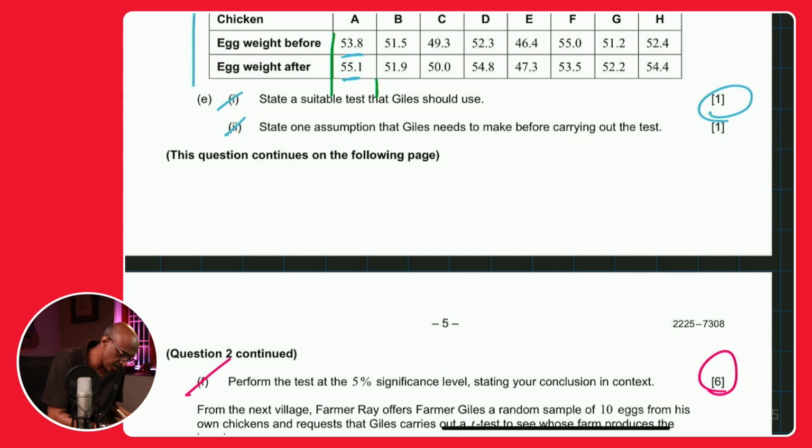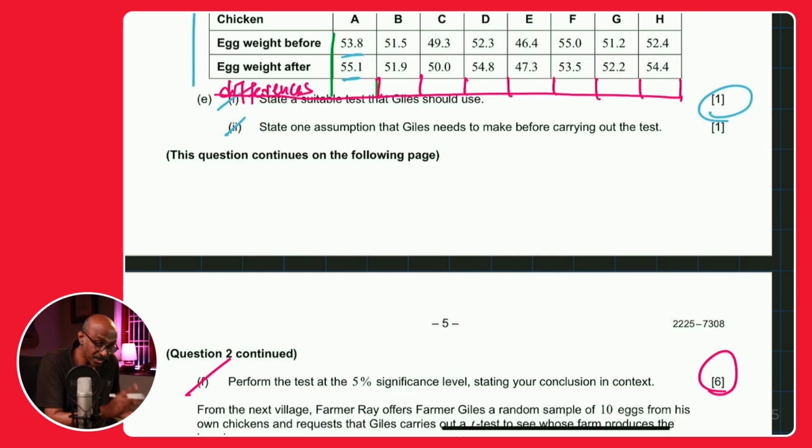You should write down the differences, okay? The differences need to be written down, and that is what we are looking at. I'll show it on the calculator, but you got to make sure that you write that in the answer script. So this is 2F.